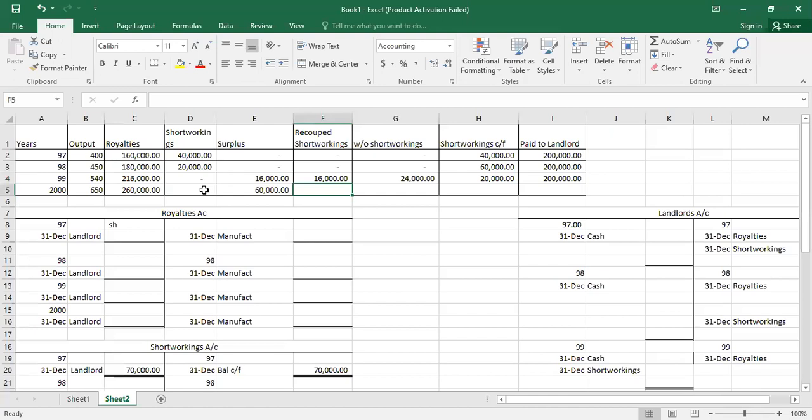We have only short workings of 20,000, isn't it? So although we have a surplus of 60, our short workings is the only thing that we can recoup, which is 20. So we are not writing off. So what are we going to pay to the landlord? You've recouped 20, we got 260. So what are you going to pay to the landlord? 240, isn't it?